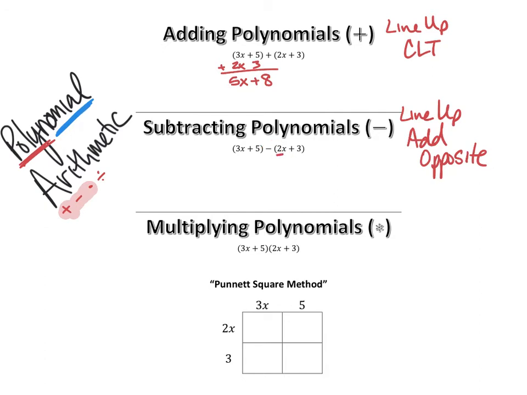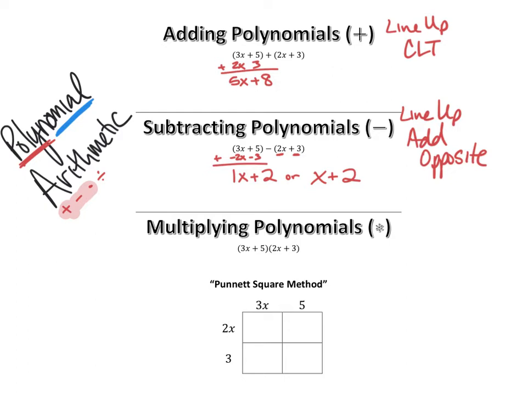Well, the opposite of 2x is -2x, and the opposite of 3 is -3. So if I add those things together, I'm going to end up with 1x and a positive 2. 3x plus -2x is 1x, and 5 plus -3 is 2. Now remember, written on a test, the answer choice will make the 1 coefficient invisible. You are totally cool to write 1x plus 2 or just simply x plus 2.